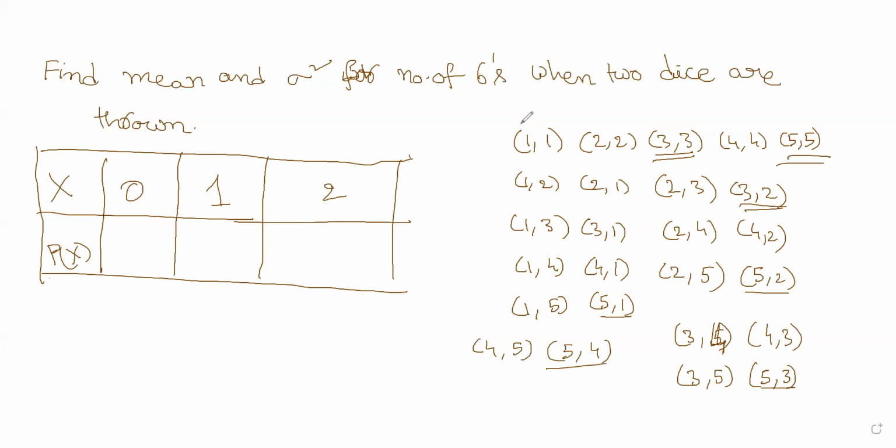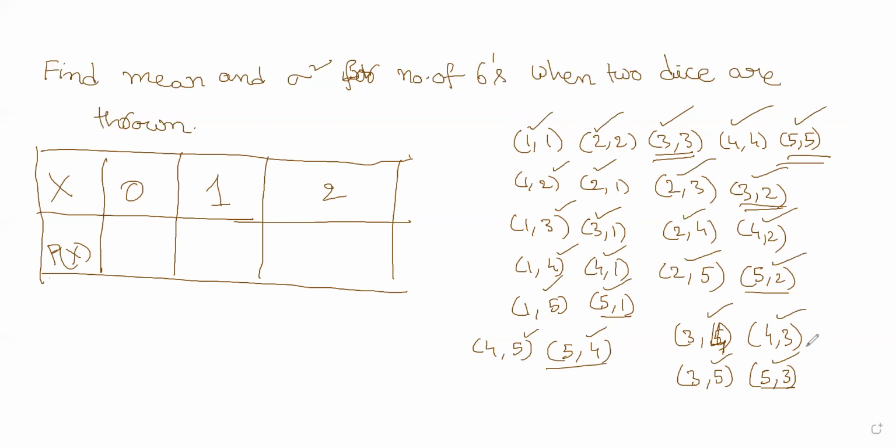Yeah. So how many in total you can count? That's it. 1, 2, 3, 4, 5, 6, 7, 8, 9, 10, 11, 12, 13, 14, 15, 16, 17, 18, 19, 20, 21, 22, 23, 24, 25.